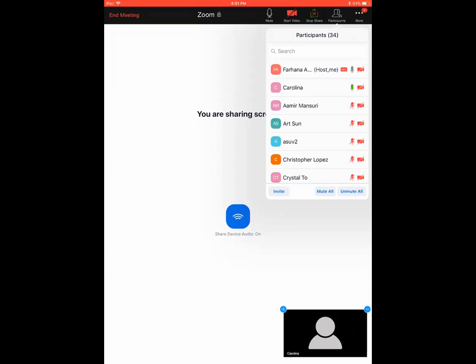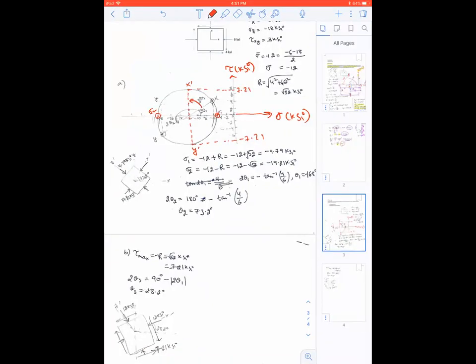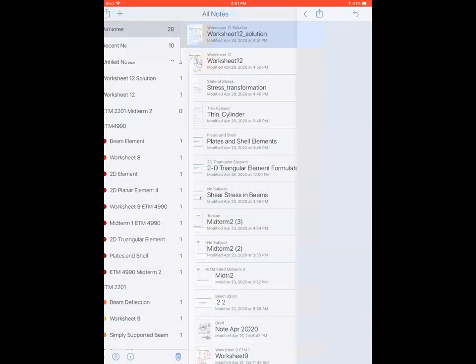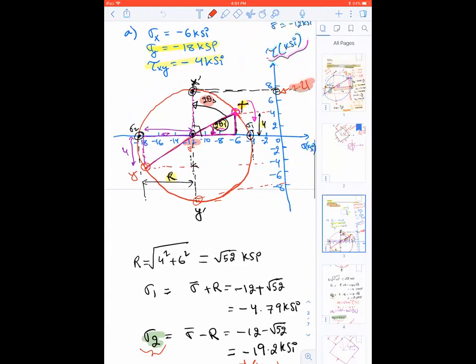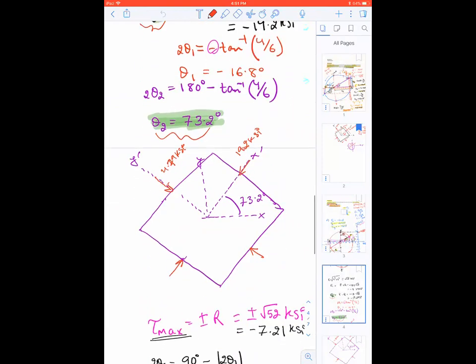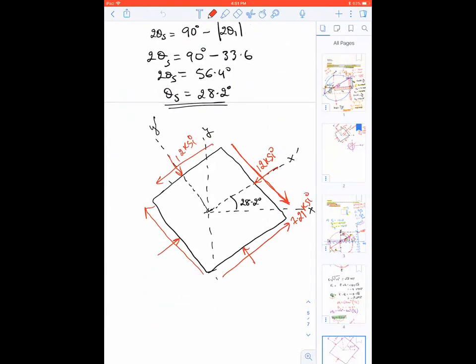Can you go back to the last drawing? I missed something. This one or the one before? The one before, for part B, the maximum in-plane shear stress. This is the one? Yeah, right there. Thank you.